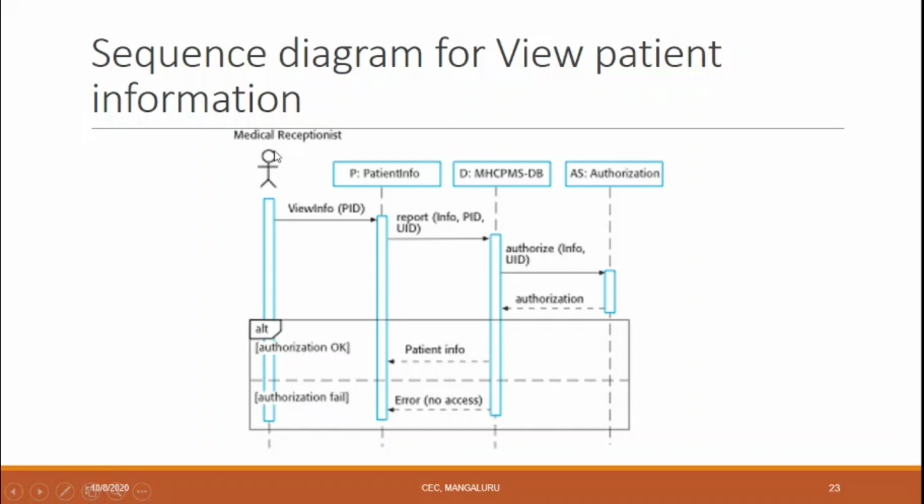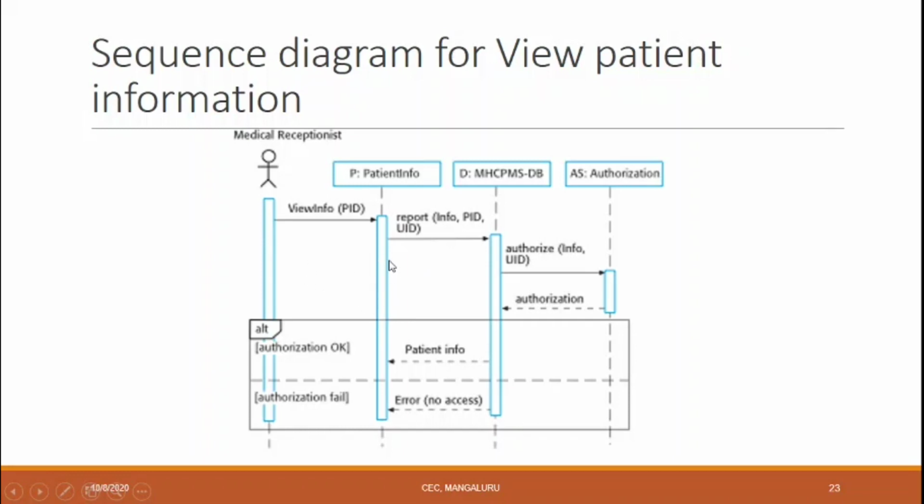You can see here the medical receptionist. If you want to view the patient information ID, that triggers the view information call on an instance of the patient information object class, supplying the patient information ID in a user interface object, which displays the form showing the patient information.